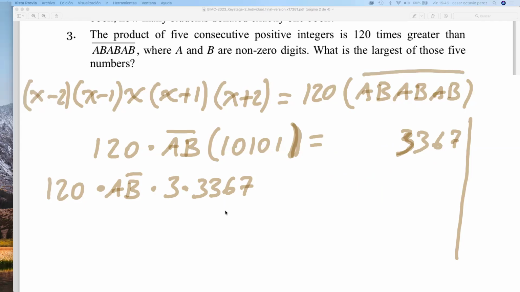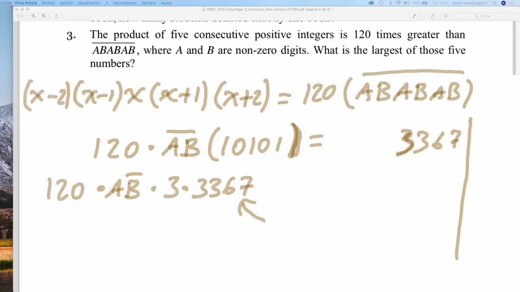Have you already found some factor of this number? No. Okay, we need to try. It cannot be divided by 2, neither by 3, nor by 5.